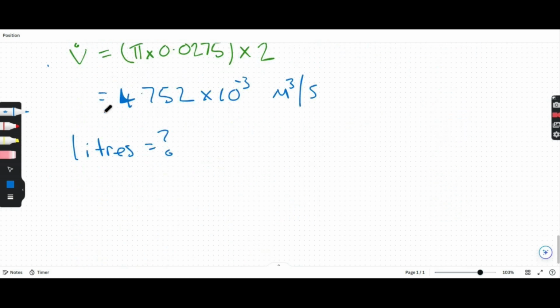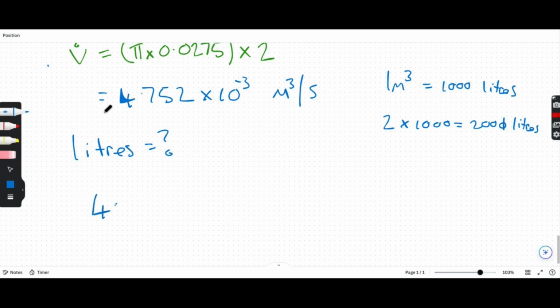So I can use that. 1 cubic metre is 1,000 litres, which means that 2 cubic metres would be 2 times 1,000, 2,000 litres. So 4.752 times 10 to the minus 3 would be this many litres.